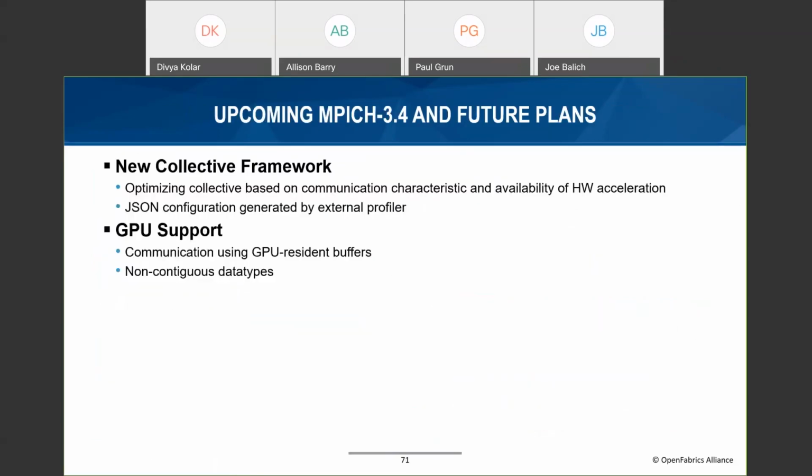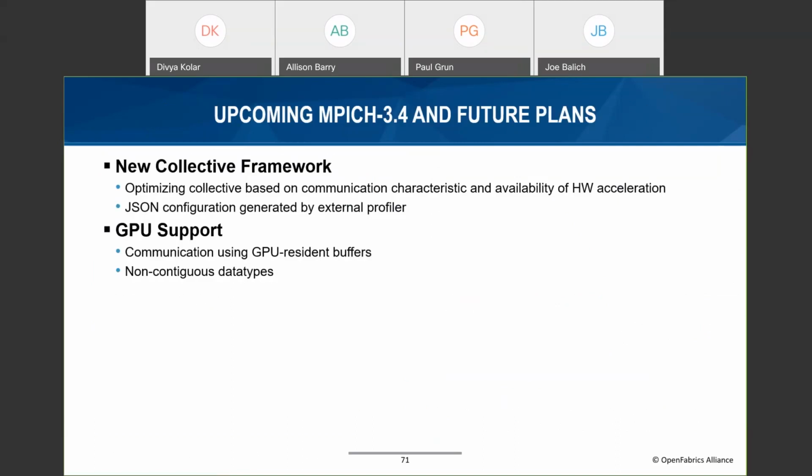Next, I'm going to talk about what we have been working on recently for our MPICH 3.4 implementation, and how that is related to the Libfabric work and some of the vendor collaboration work. The first part I want to talk about is what we call the new collective framework.